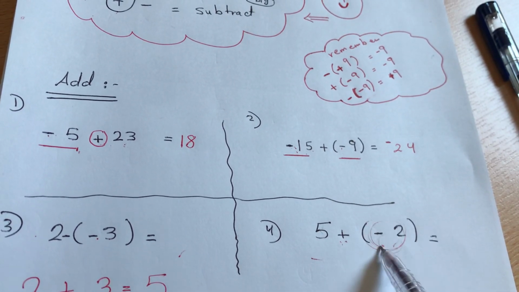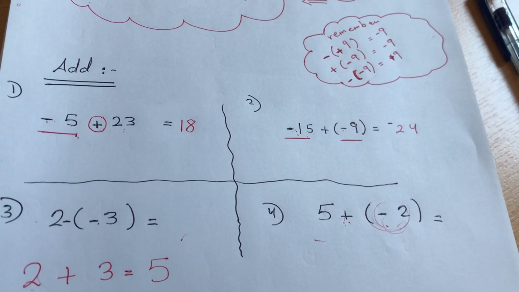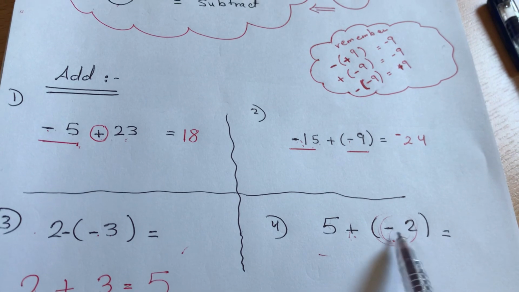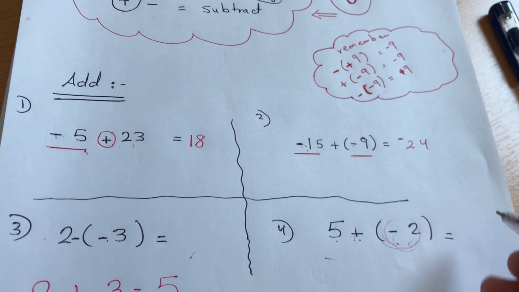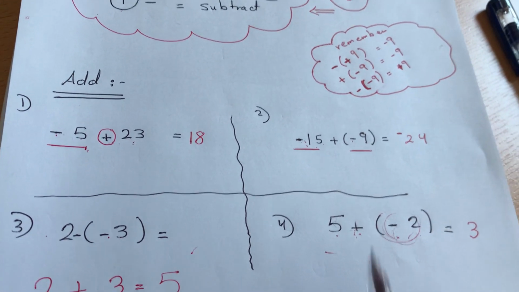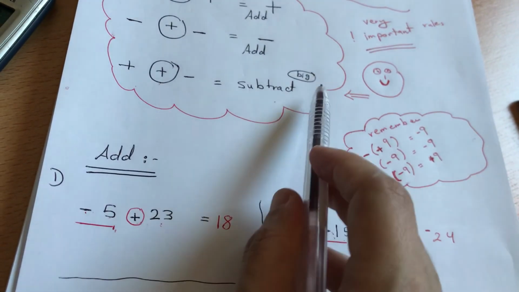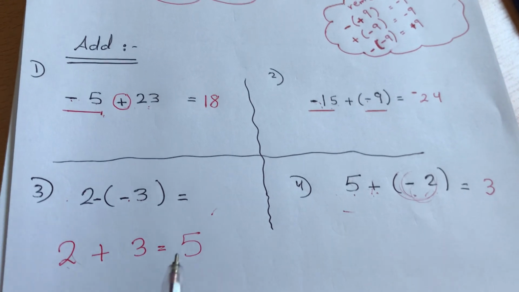So if you have plus in the middle, that will be easy for you. You will not change the sign of this number. 5 minus 2 will be 3. That's it. This is positive and this negative. So we subtract and we put the sign of the big number, which is positive.